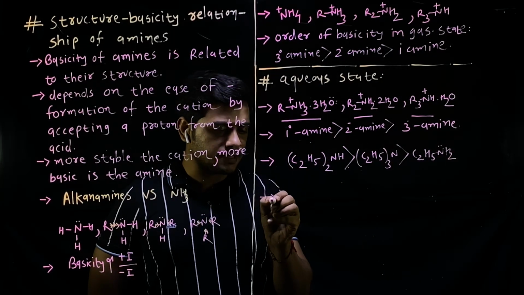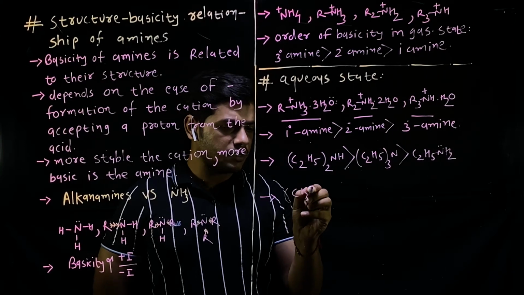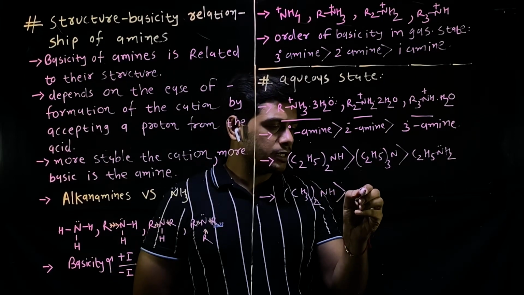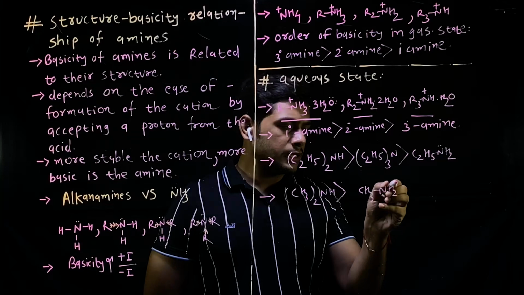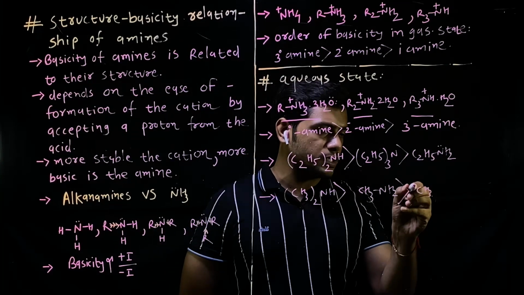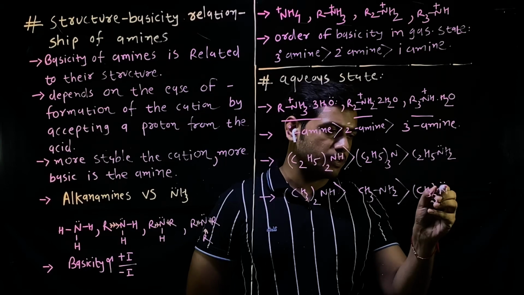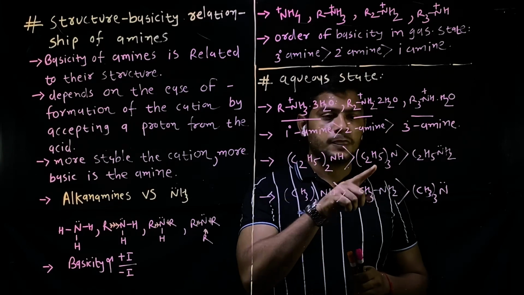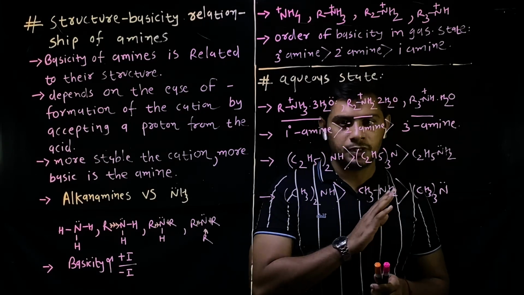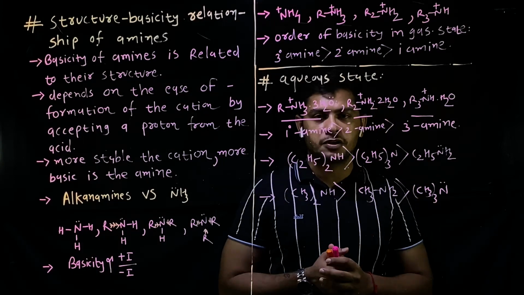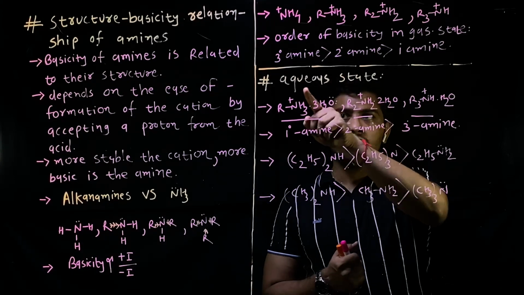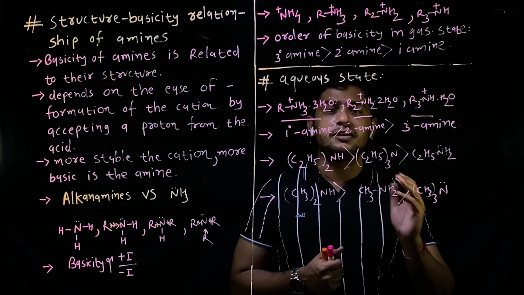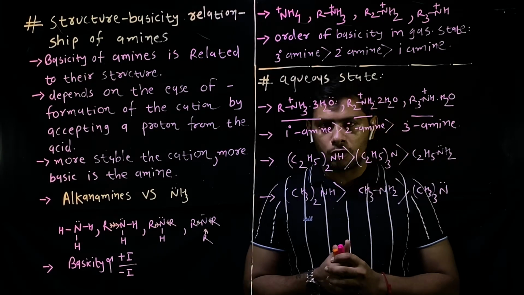But in the case of methyl substituted amine, secondary amine has highest basic strength, then primary amine, and at last (CH3)3N, that is tertiary amine. So we can remember it this way: 2, 3, 1 and 2, 1, 3. 2, 3, 1 in the case of ethyl substituted amine. Please remember, we are talking about aqueous state. And in methyl substituted amine, it follows secondary, then primary, then tertiary. I hope it is clear to all of you.